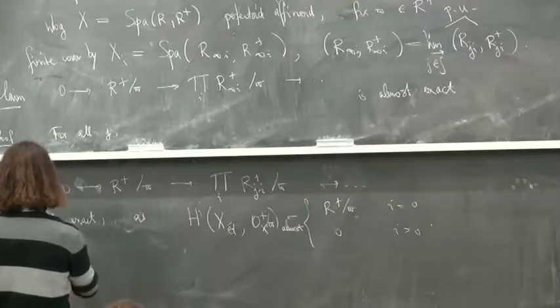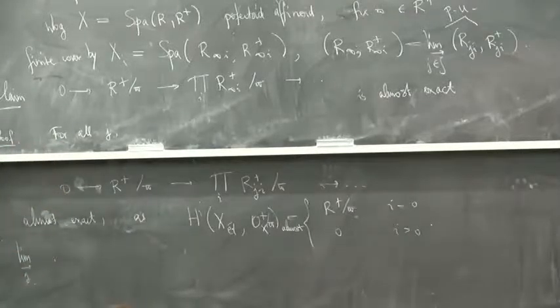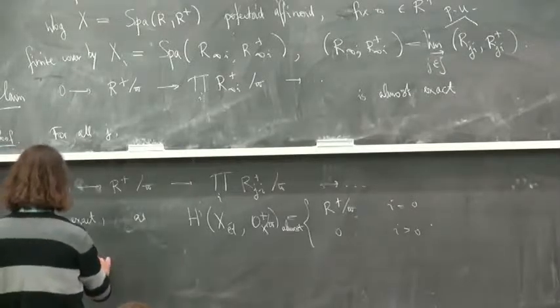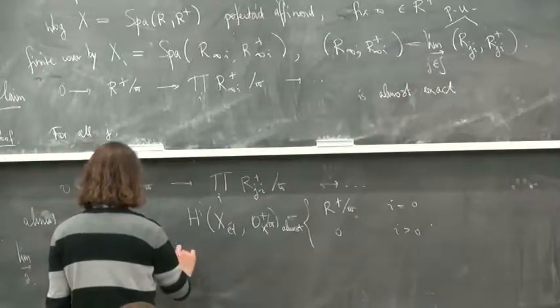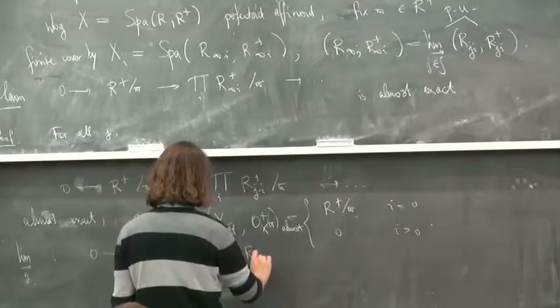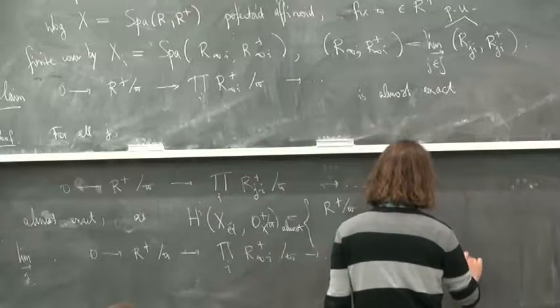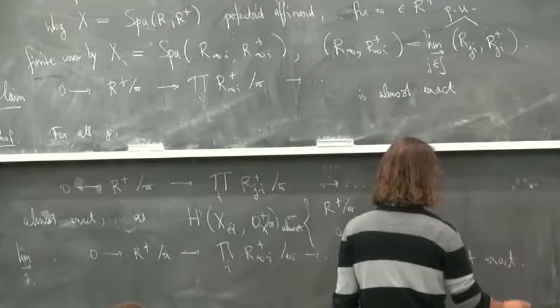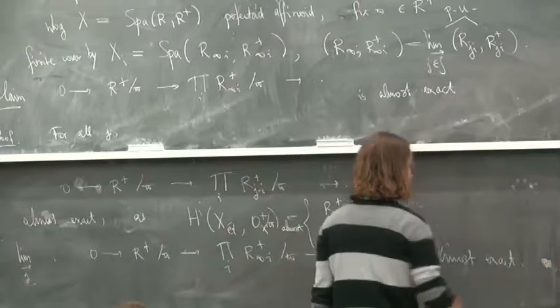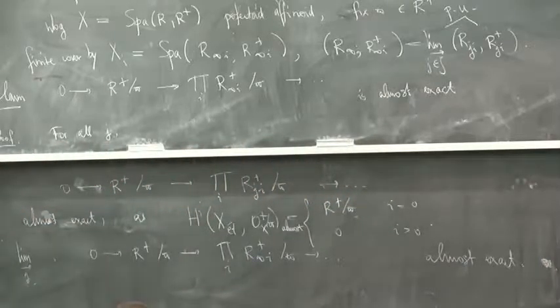The filtered direct limit of almost exact sequences is still almost exact. But at this point, it's really crucial that we know these sequences are almost exact and not up to some probably bounded torsion, because this bounded torsion might a priori grow as we go up. But if it's always almost 0, then there's no issue.